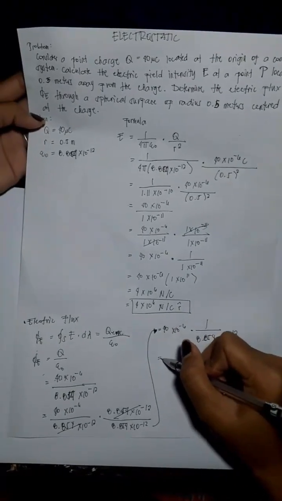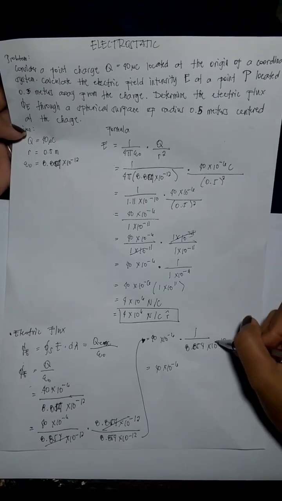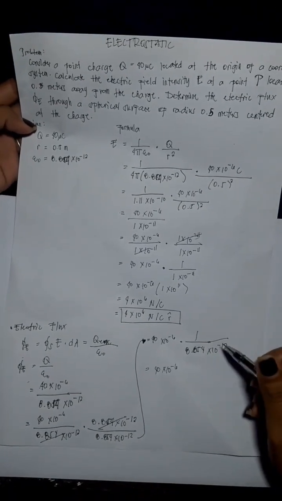Then copy 40 times 10 to the negative 6 and divide 1 over 8.854 times 10 to the negative 12.